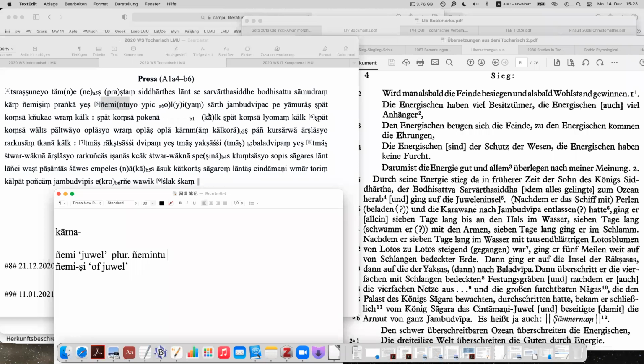Full of jewelry. And oliyam is actually the word for ship, and it is locative. So on the ship, on the boat. I think it's a big ship.